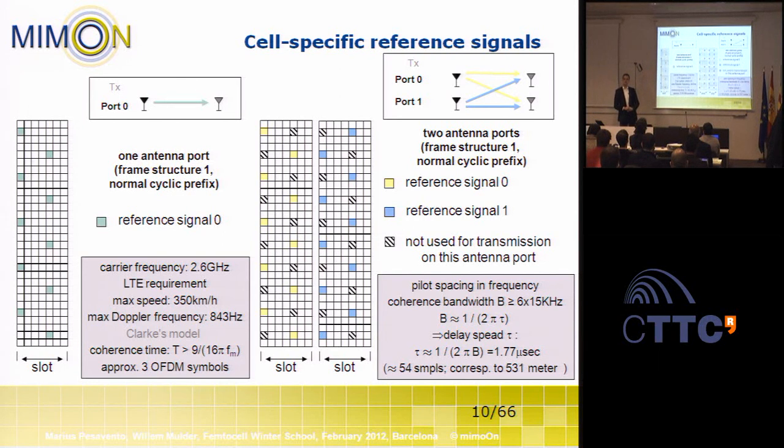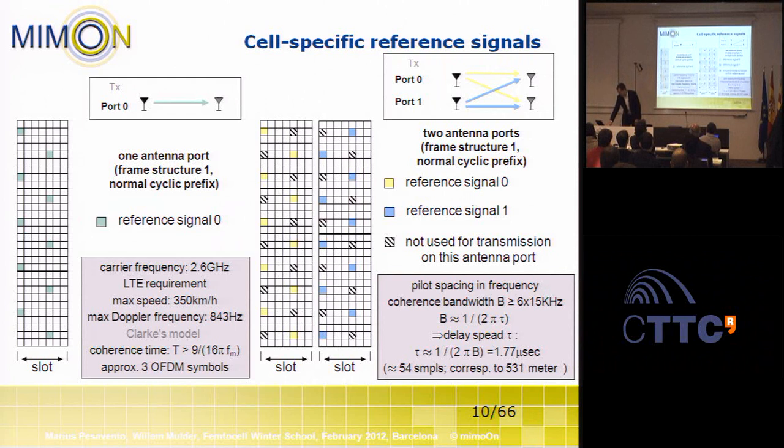Considering Clarke's channel model, this corresponds to a coherence time of approximately 3 OFDM symbols. So with this spacing of the pilots, we can satisfy the requirements of LTE to still work in a high-speed environment.